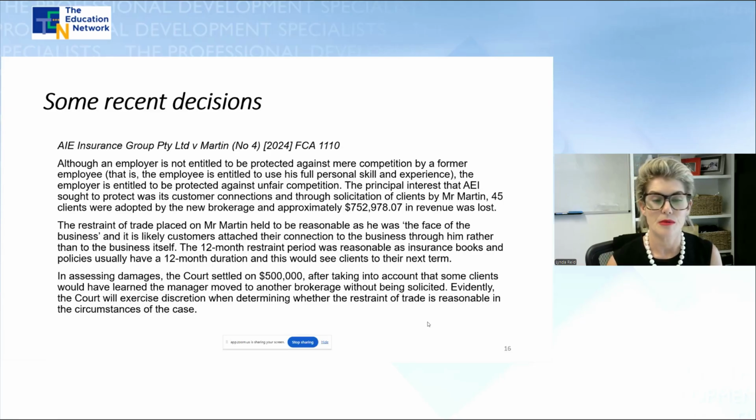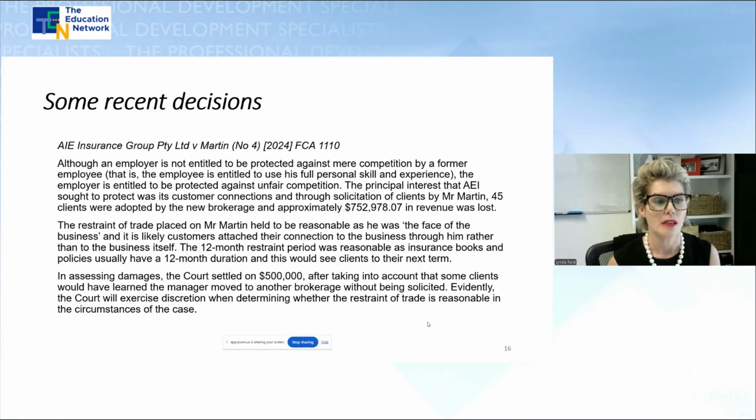Now, it was held that the restraint of trade in this instance was reasonable because he was considered to be the face of the business, and it is likely that his customers attached their connection to the business through him rather than just to the business itself. So the 12-month restraint period was reasonable because insurance books and policies usually have an annual duration, and that period would see clients through to their next term.